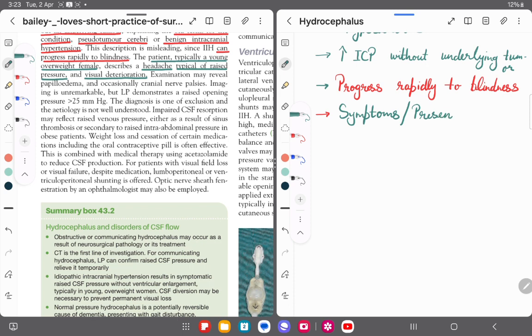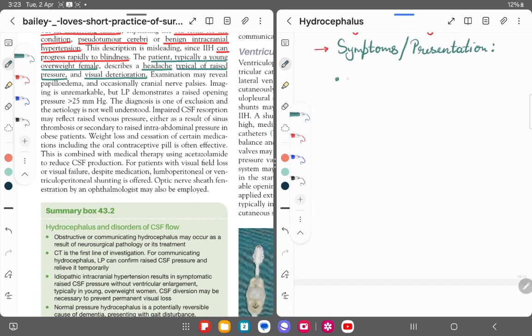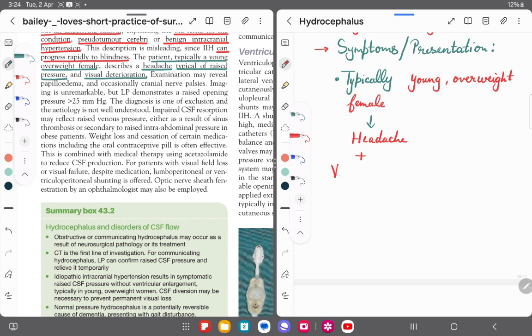Typically a young overweight female with headache, which is typical of raised pressure, and visual deterioration.